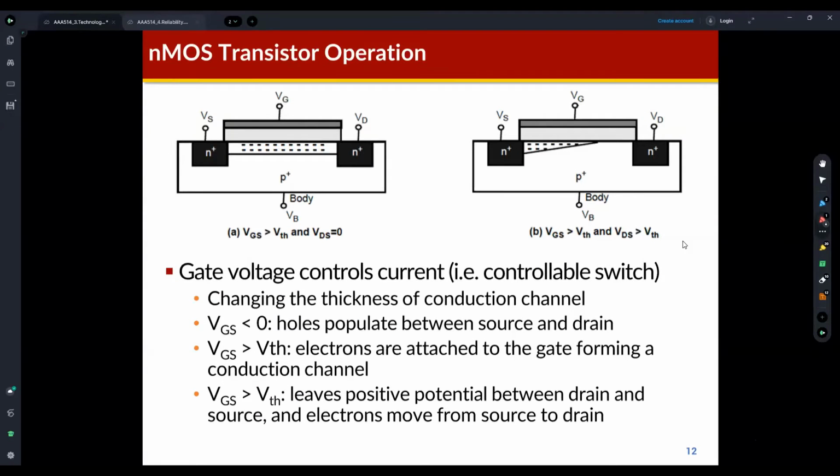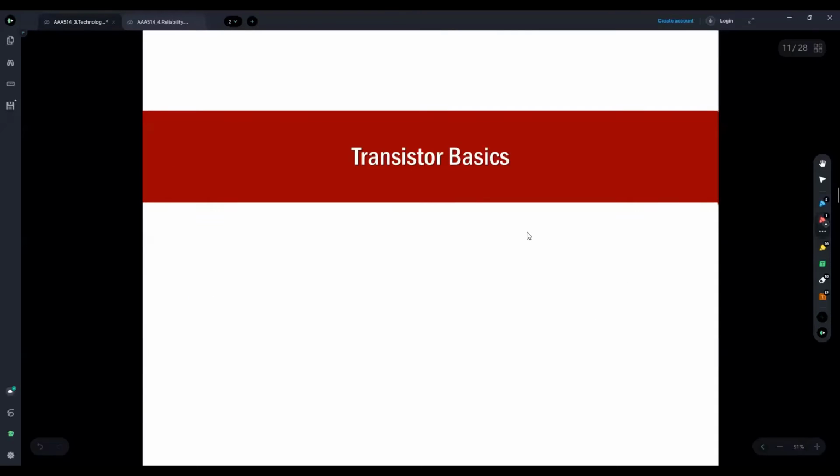So let's focus on the MOS transistor. Most processor design is, I mean, the processor is a kind of digital device, a digital system. These digital systems are implemented with MOS transistors.